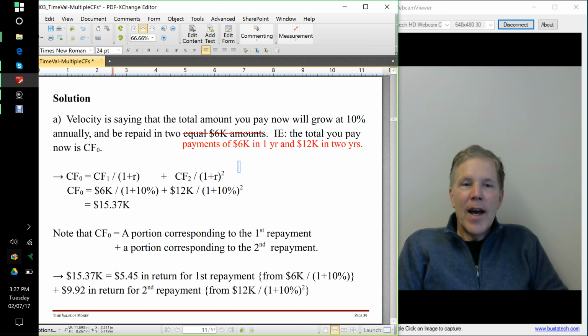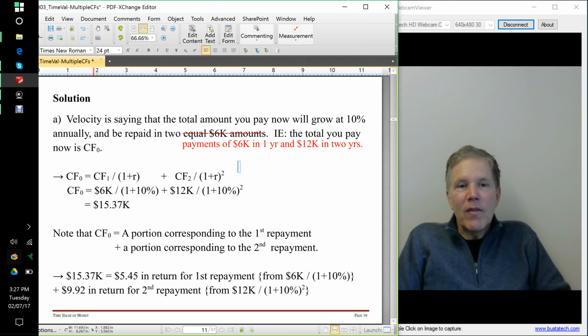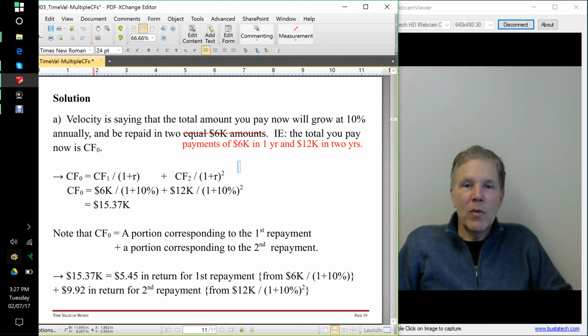And as always here, note that this CF0 includes a portion or a tranche corresponding to the first repayment of 6,000 plus a tranche corresponding to the second repayment of 12,000, just as we saw in our earlier example.